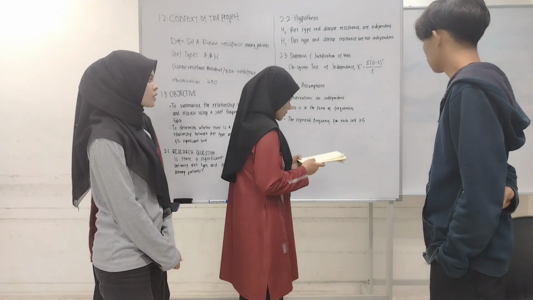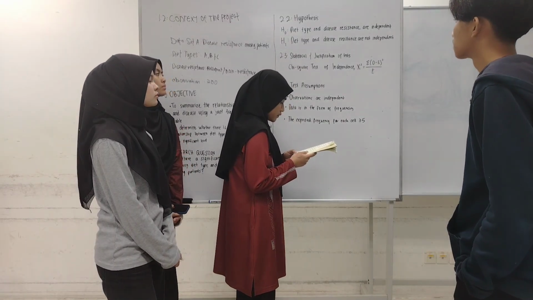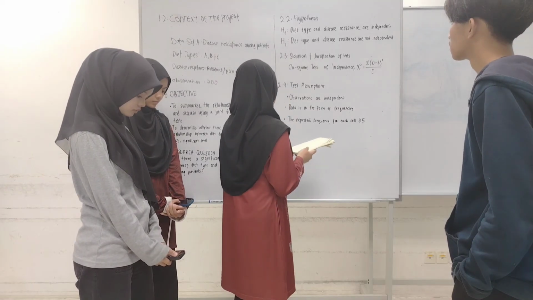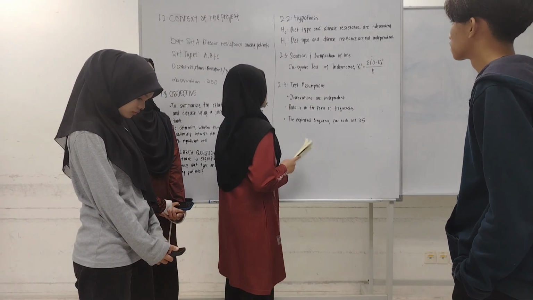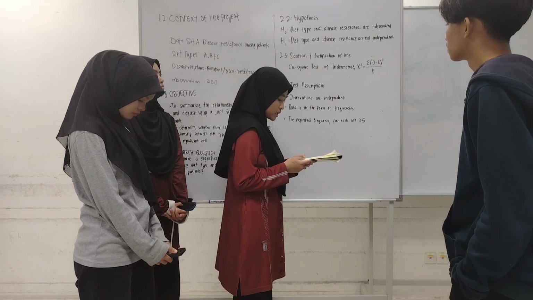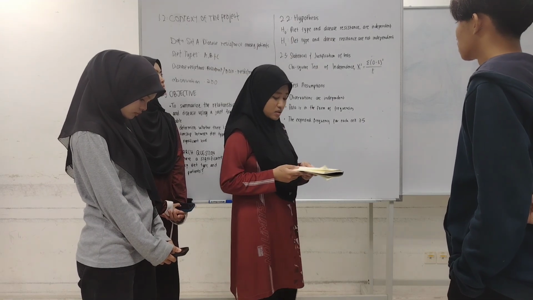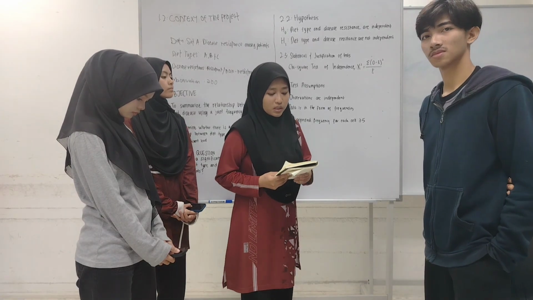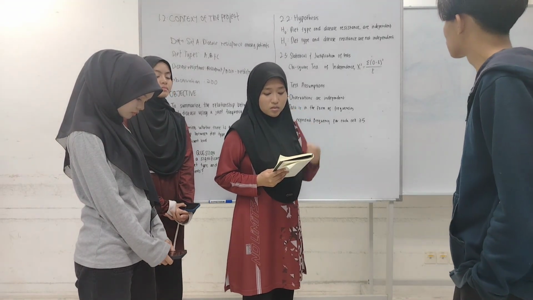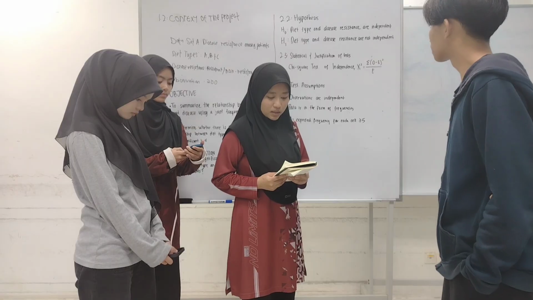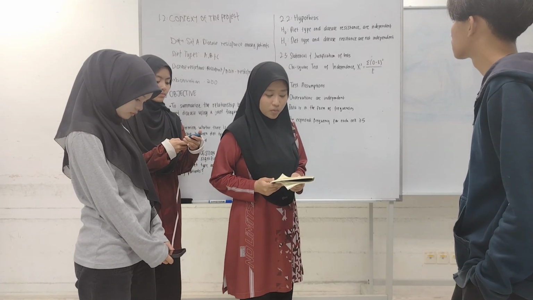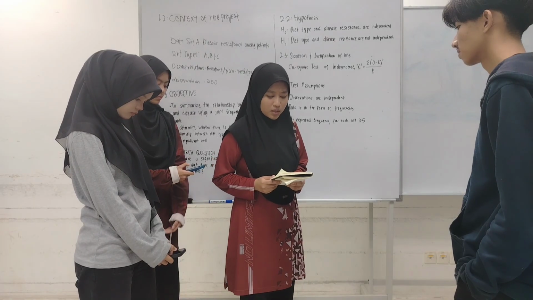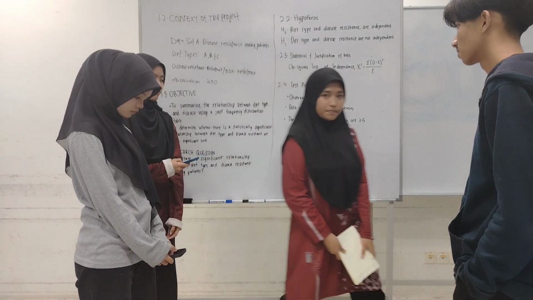This means that the type of diet does not affect disease resistance. The alternative hypothesis states that diet type and disease resistance are not independent. This means that there is a relationship between diet type and disease resistance. These hypotheses allow us to apply the statistical test to determine whether the observed data are strong enough to support the existence of the relationship.